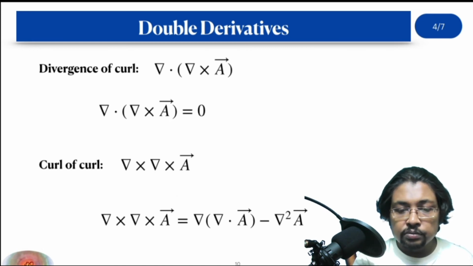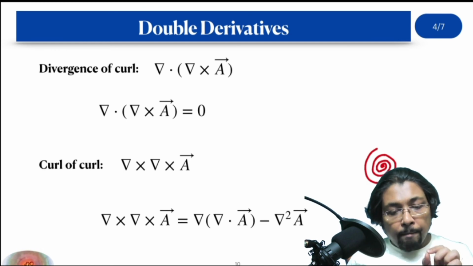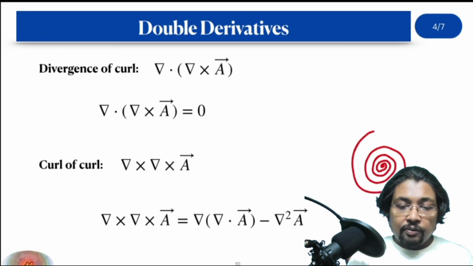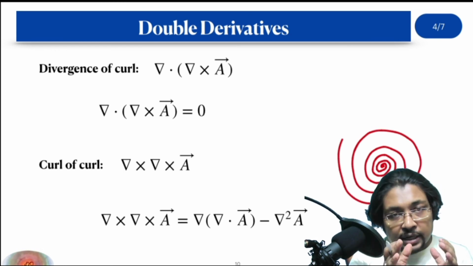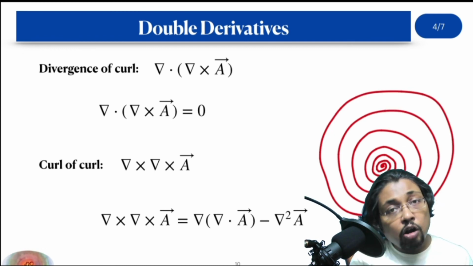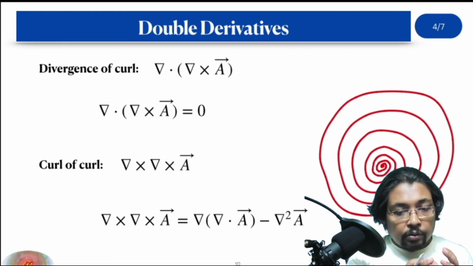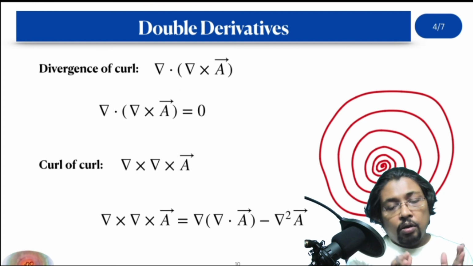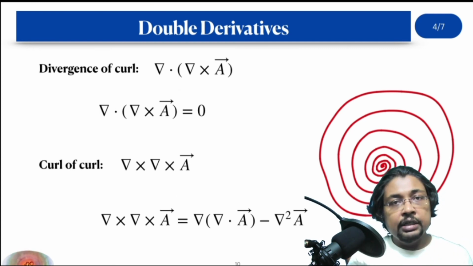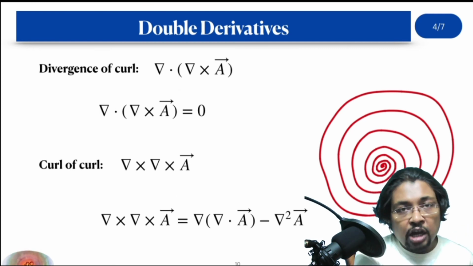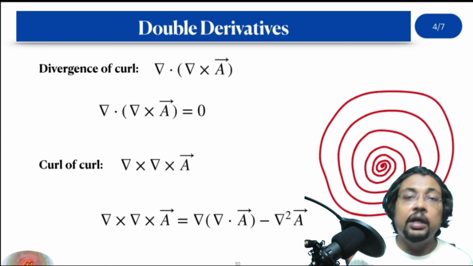Starting from a very small region, it gets diverged in this way. It can happen, but for such a vector, you can separately identify the curl operation as well as the divergence operation. Any vector can be uniquely defined if its divergence and curl are defined.